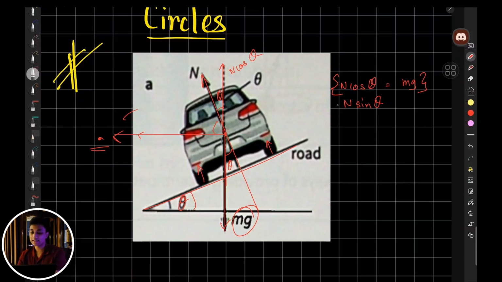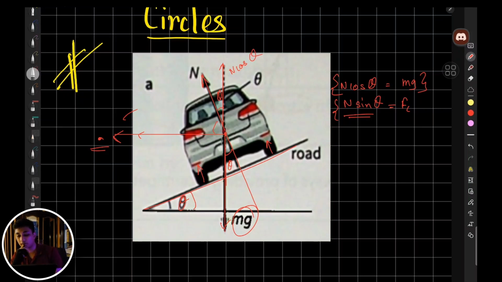The next one, for N sine theta, which is directly inwards, there is no force counteracting this component of the normal reaction force. This means this gives you Fc. What is Fc? The centripetal force. So due to the normal reaction force, you're getting the centripetal force, which is the resultant force.